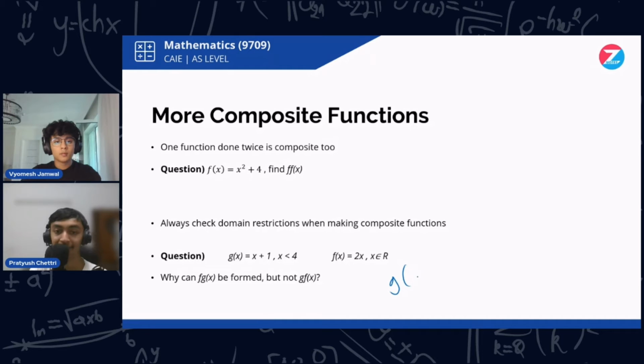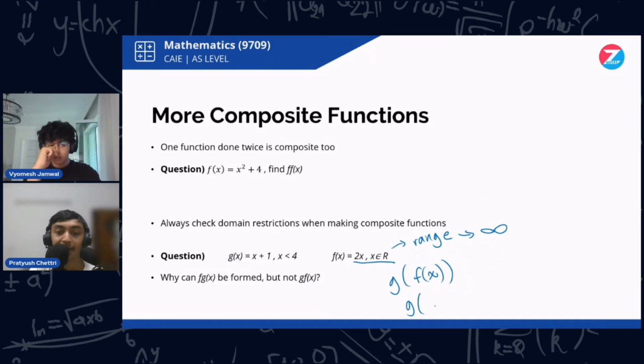what you're doing is you're putting in the output of f, which is the range of f of x. You're putting 2x for everything, and its range will actually be infinite because it's all the numbers. There's no restrictions on the range, you see?